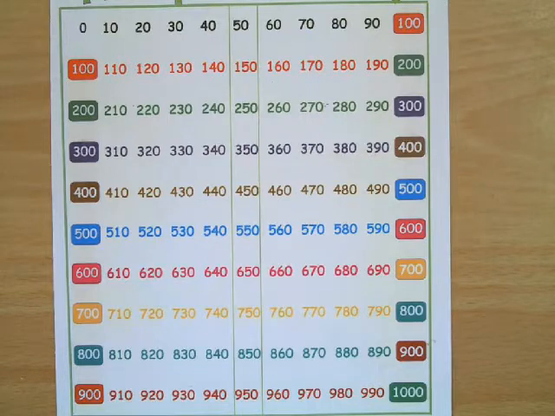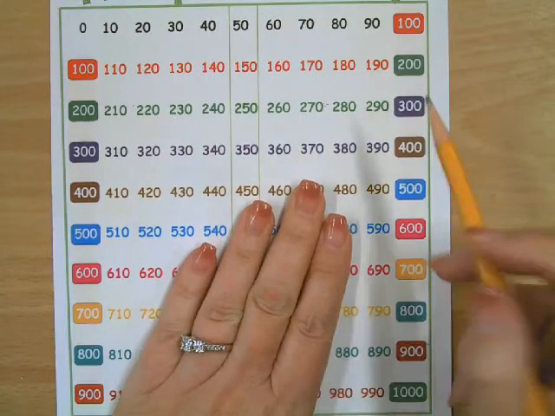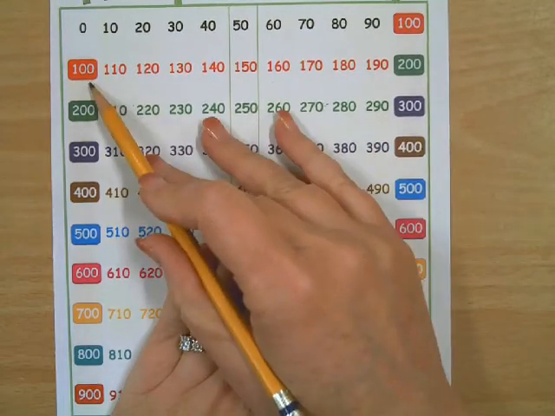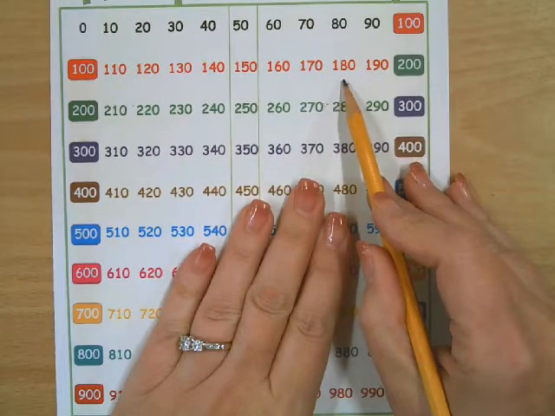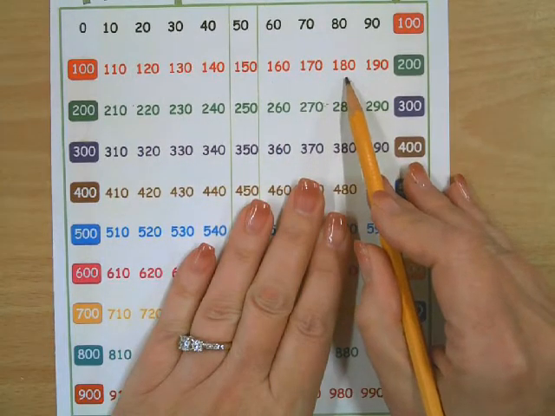So think about 100. Where's 100? Okay, now let's think about 180. Where's 180? Okay, now where would 185 be? So if this is 100, and then I'm looking for 180, where would 185 be?